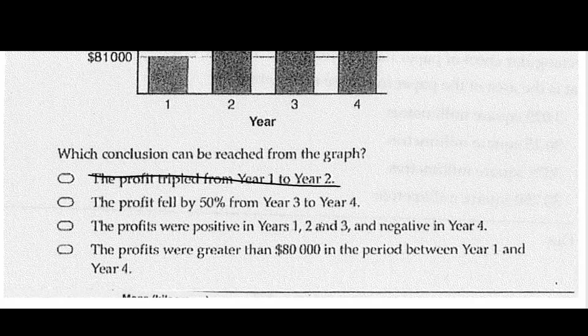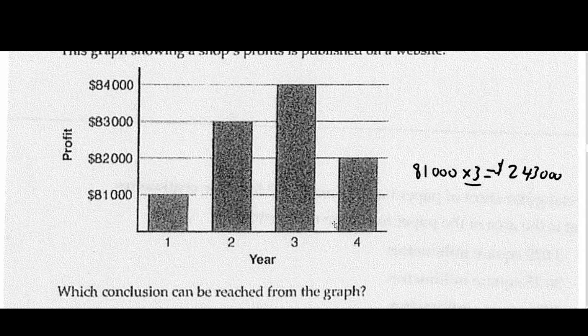The profit fell by 50% from year 3 to year 4. Okay, so fell by 50%. Here we've got 84,000 in year 3. The profit fell by 50%. That's dividing by 2. 50% is dividing by 2, so 84,000 divided by 2 gives me 42,000.